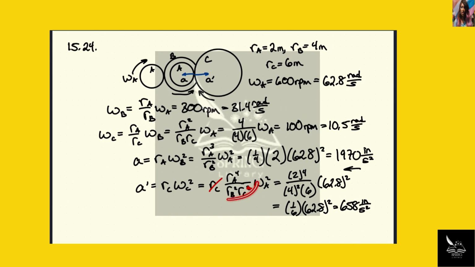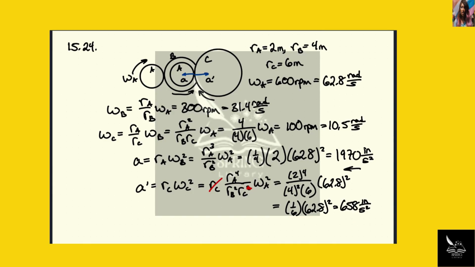And again, I'm going to keep the inches here, so our output is going to be in inches per second squared. So we get 2 to the 4th divided by 4 squared. Actually, those cancel out. Divided by 6 times 62.8 squared.